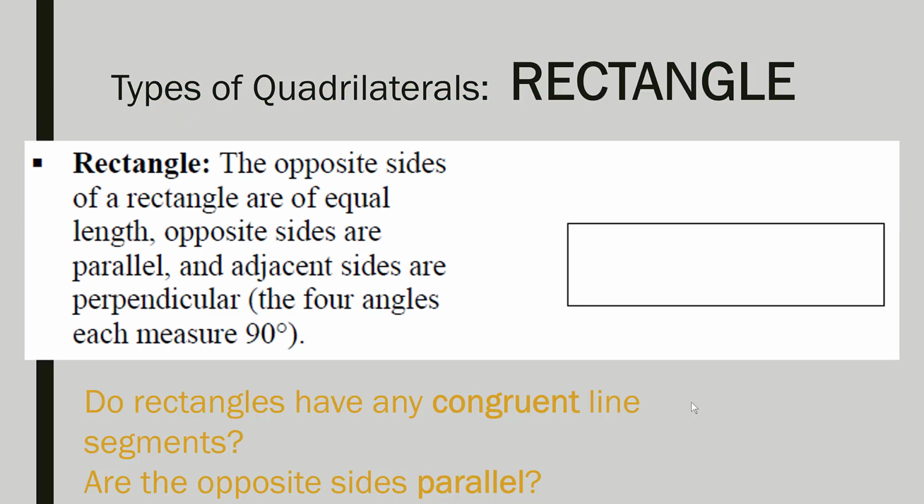Okay. Rectangles. A rectangle is like the perfect quadrilateral. A rectangle has two sets of congruent sides. Sorry, I just gave away the answer. And 2 sets of parallel lines, and also they have perpendicular lines. All the sides form perpendicular pairs.